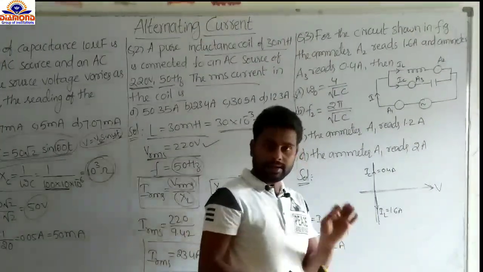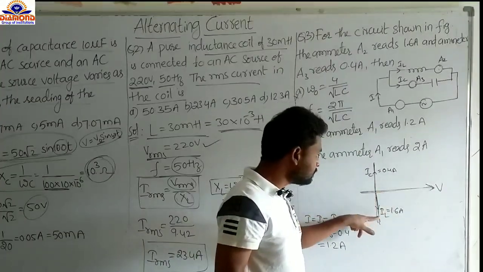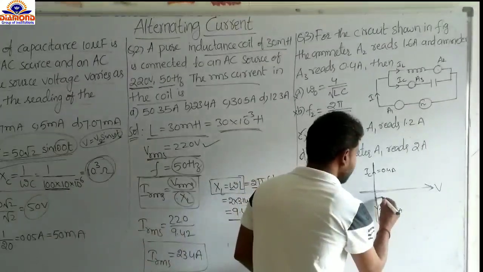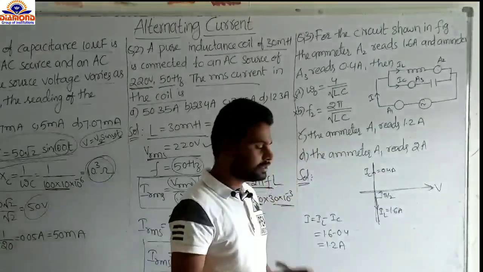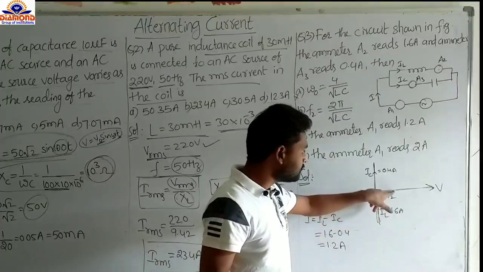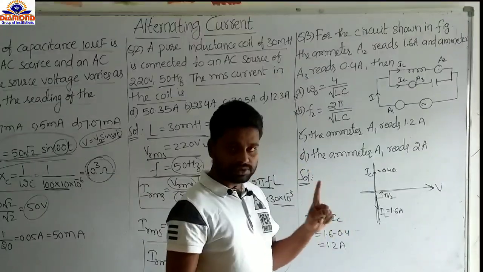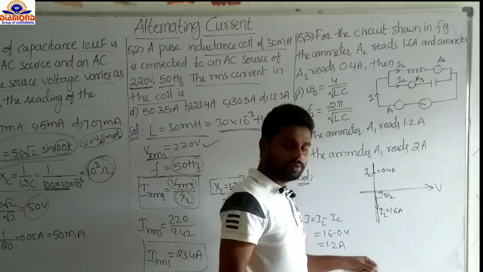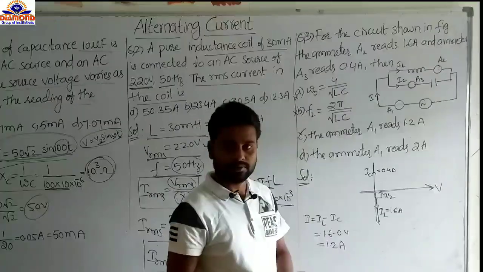In inductive circuits, voltage leads the current by pi by 2, otherwise, the current lags the voltage by pi by 2. Remember that one.